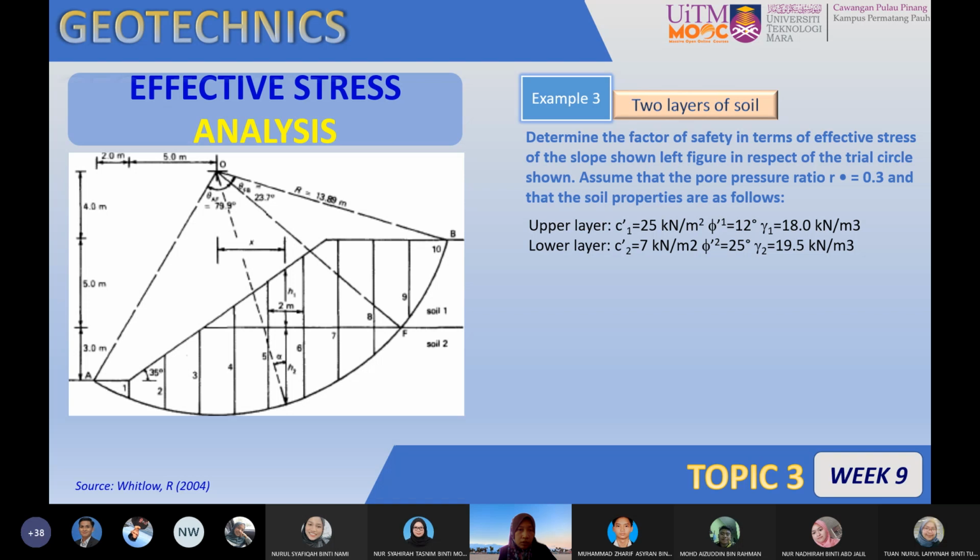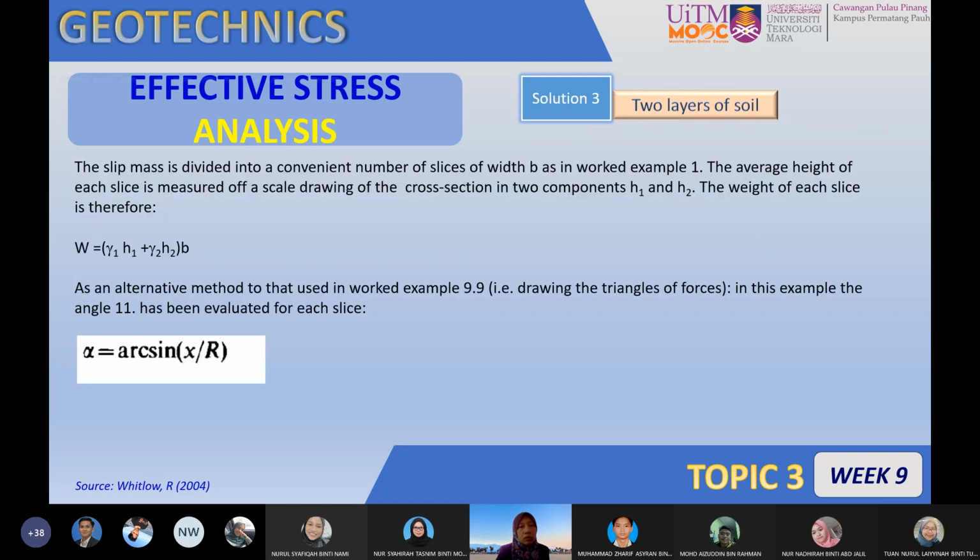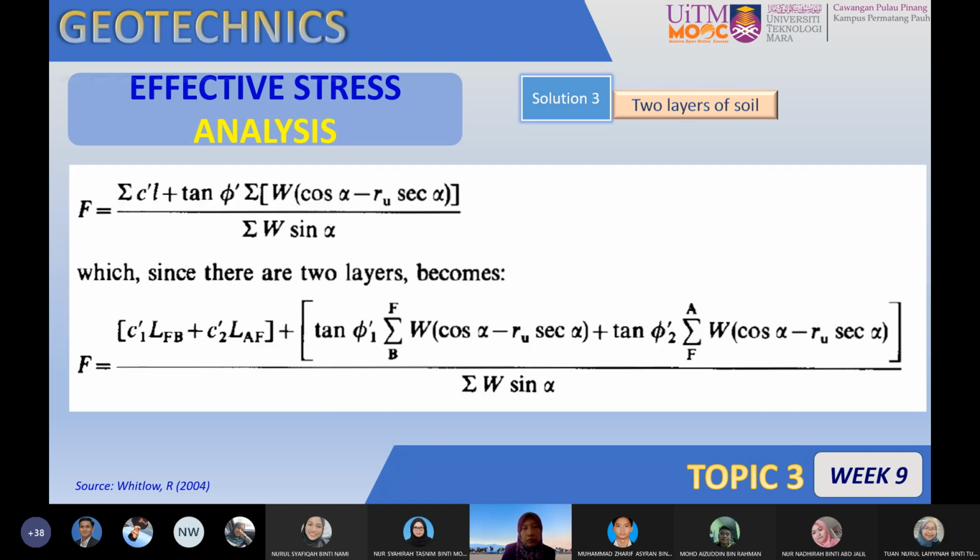If the slip circle only covers the upper layer, that is the theta for layer 1, soil A. If the slip covers from here to here, that is the sector angle for layer 2. This will be considered when you tabulate into the table, so you have to be careful when you analyze it. The further solutions for this example 3 can be seen in the hands-on session.